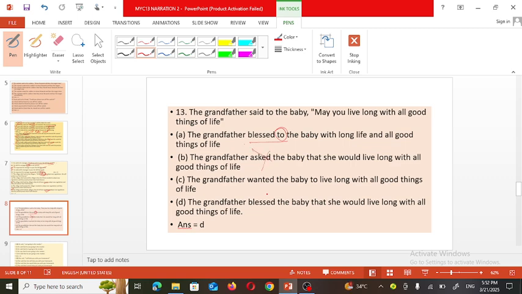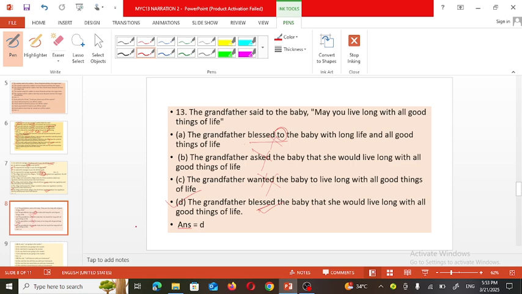"Asked the baby"? No, he did not ask. "Grandfather wanted"? No. Though he is wishing that the baby lives long, it is a blessing. So "blessed," "ed" must be there. And the conjunction was given here, so that's why it was wrong. So only option D is correct.